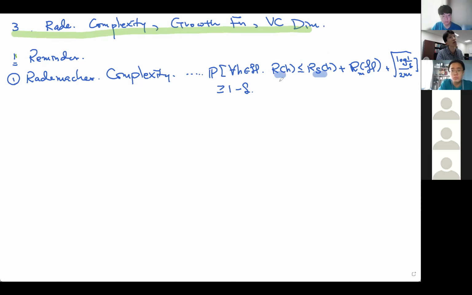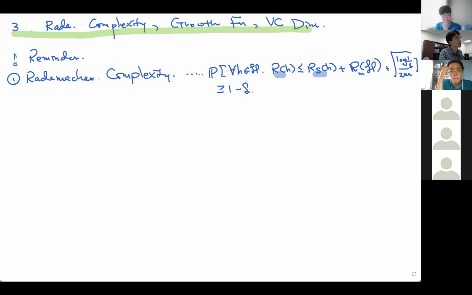These facts, especially the uniform upper bound, will be used to derive guarantees for some quite abstract strategies of designing machine learning algorithms, which are empirical risk minimization and structural risk minimization.